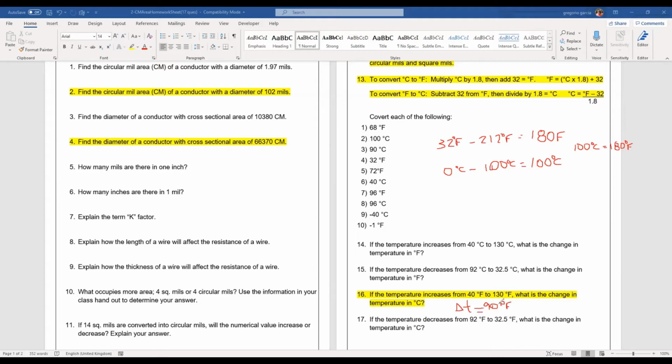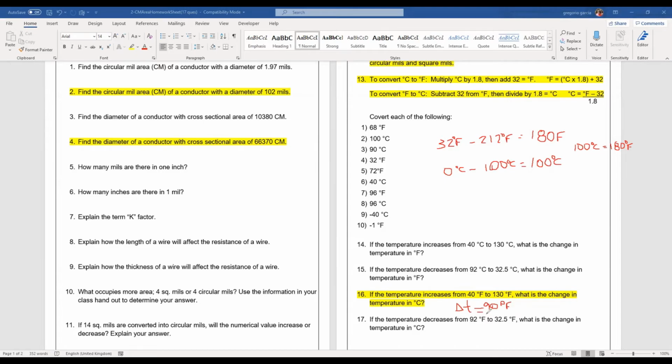If you want to know how it's going to look in Celsius, then you take your 90 and you divide by that 1.8.